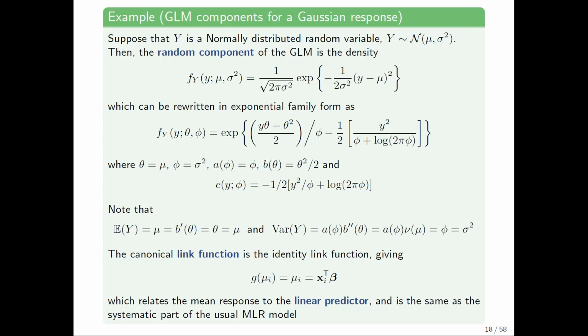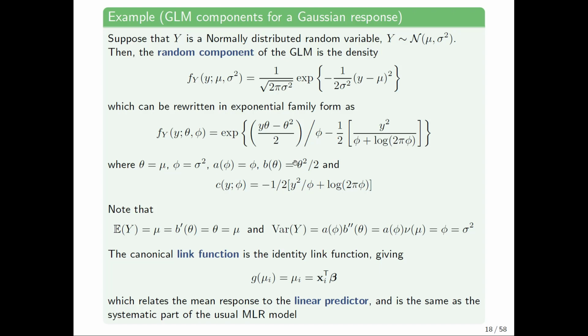Let's start with the normal. So suppose y is a normally distributed random variable with mean mu and variance sigma squared. The random component of the GLM is then just the usual normal density, which is shown at the top here. With a bit of algebra, we can rewrite this density in exponential family form as shown, and I'd encourage you to go back to the definition slide and verify that it can be written in that form yourself, just to make sure you're happy with it.